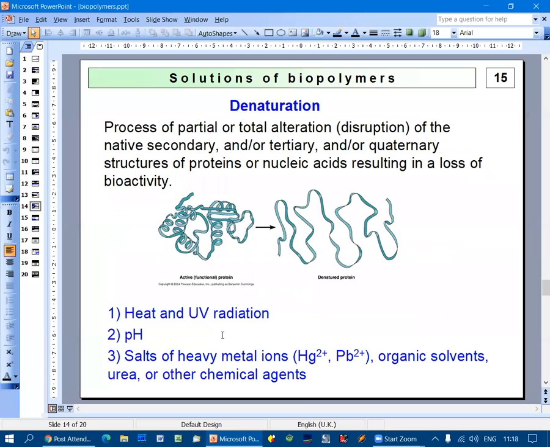Stability of solutions of biopolymers. They're quite stable, and this property resembles the solutions of lower molecular weight compounds.